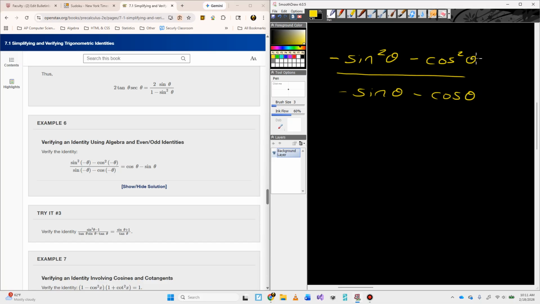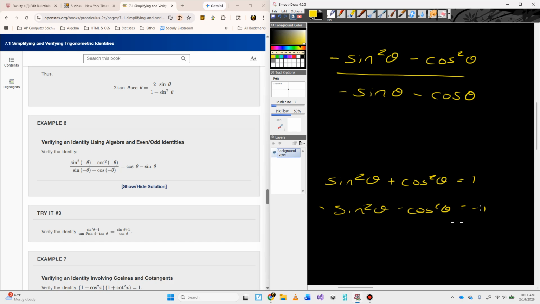So it looks like there's some difficulty here. But an interesting thing comes to mind. You know, sine squared theta plus cosine squared theta equals 1. And if I multiplied everything by negative 1, I get negative sine squared theta minus cosine squared theta equals negative 1.